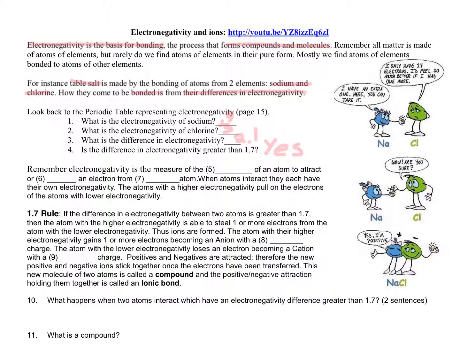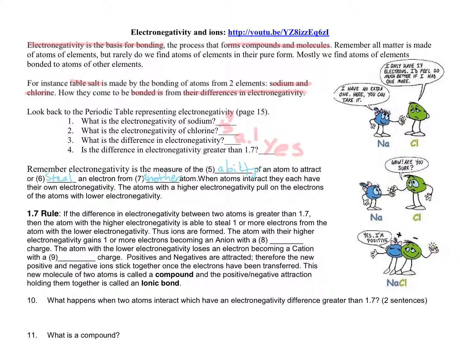So real quickly, let's go over our notes about electronegativity. Electronegativity was the ability of an atom to attract or steal an electron from another atom.